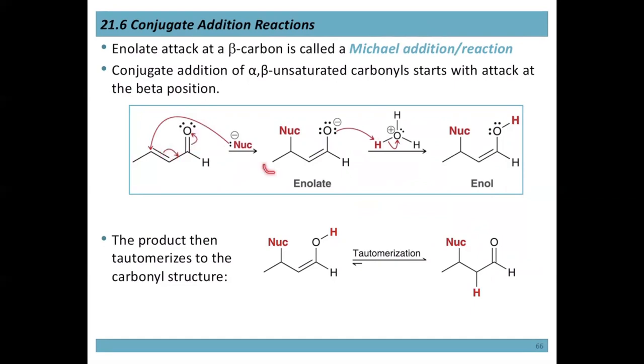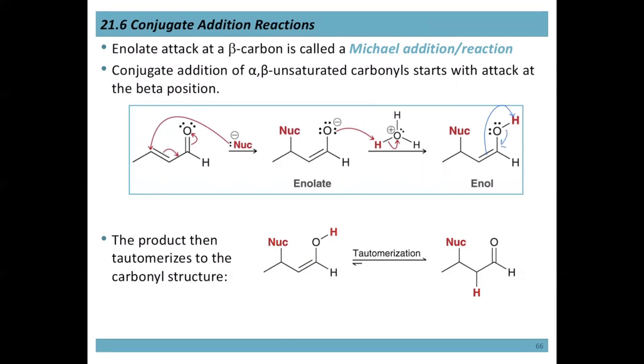Now, if you notice, the product that we get is actually an enolate. And so upon workup, we protonate that enolate, converting it into an enol. Hopefully you can guess, when I say enol, that enols rapidly tautomerize back to their keto form.